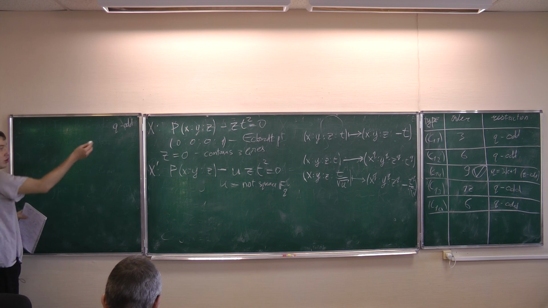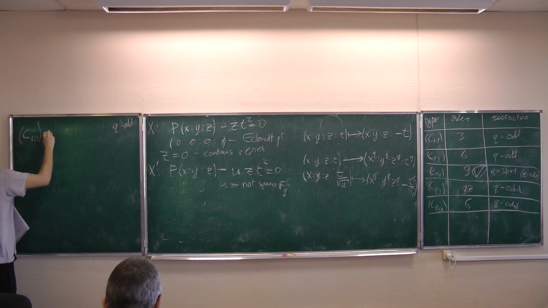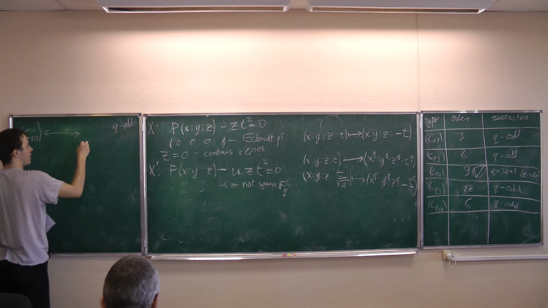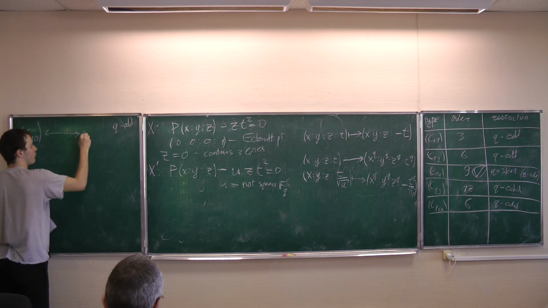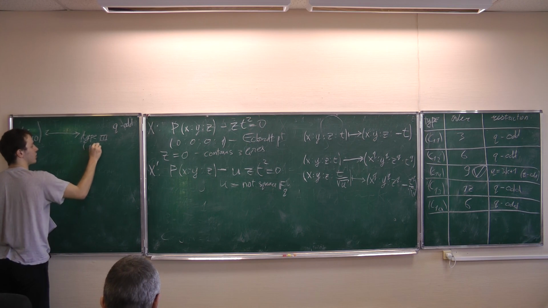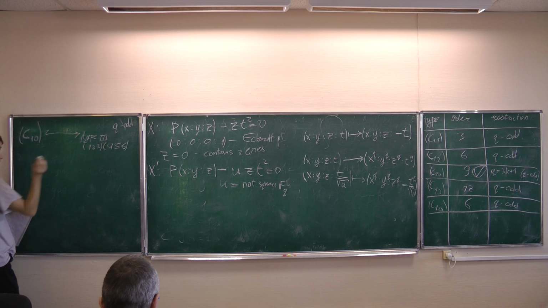So if for such a cubic surface we have the action of group C10, then there exists a cubic surface with the action of a group of type 3. It's a group of order 3 which acts conjugate to the permutation 1, 2, 3, 4, 5, 6.